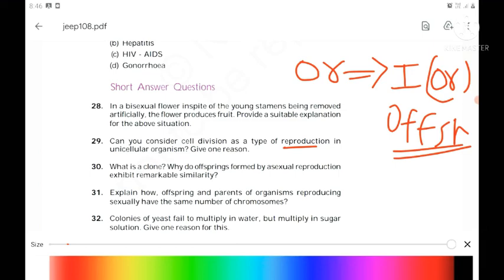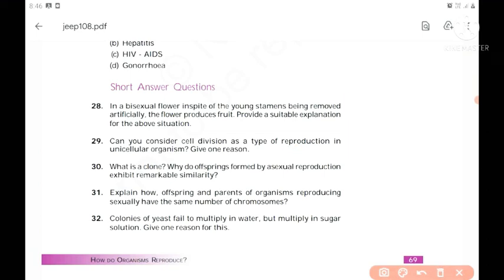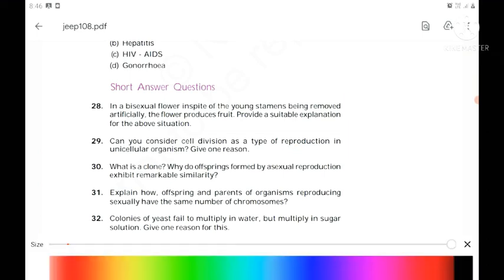Now, can cell division be considered as reproduction? That's the question. Let's take a simple example of amoeba. Amoeba is a unicellular organism. So, this is the amoeba. Now, how does amoeba reproduce?